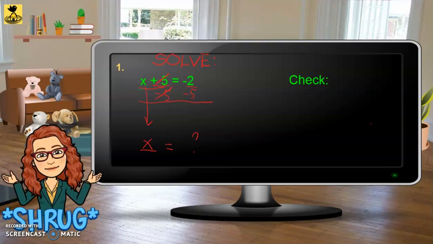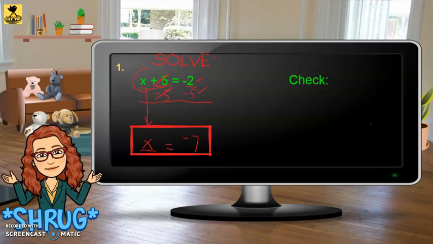And then negative 2 minus 5 is, of course, negative 7. I hope you already practiced your subtraction or addition of integers, so you can solve this straight away. So x equals negative 7 means that the value of x here is negative 7.